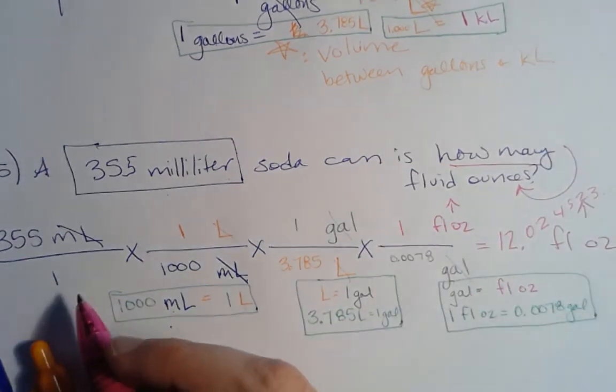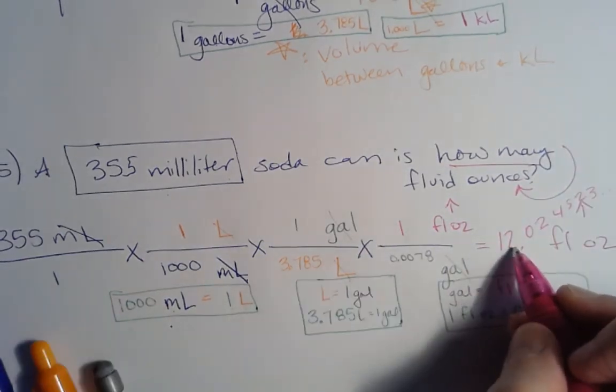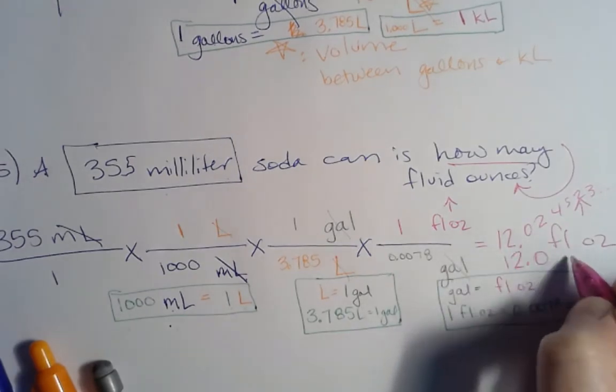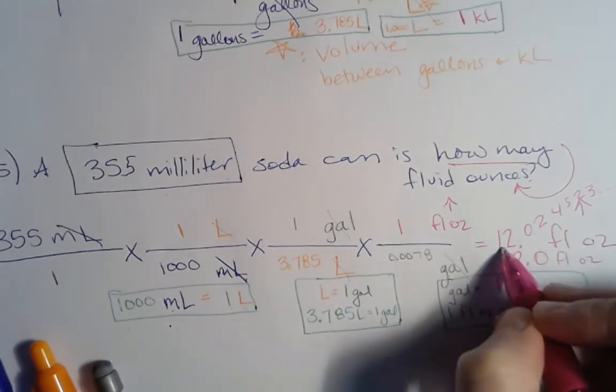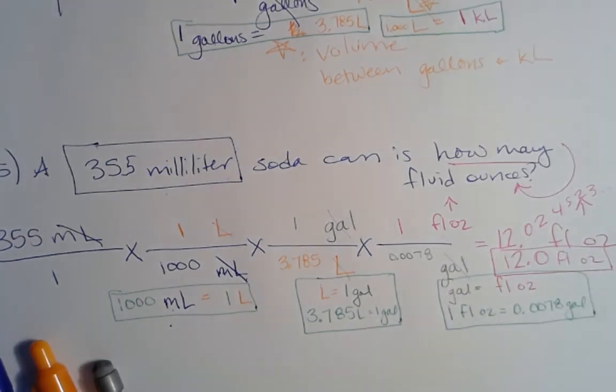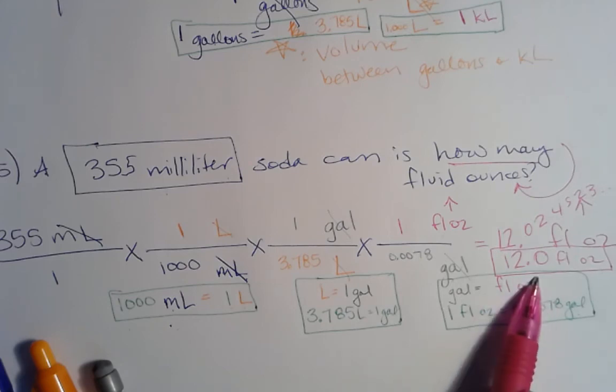We want 3 sig figs, keep the biggest 3 and round using the next one. So for those of you with soda cans on your desk, when we started this, 355 milliliters in my soda can, oh, that's 12 fluid ounces. 12.0 fluid ounces, just about exactly 12 fluid ounces.